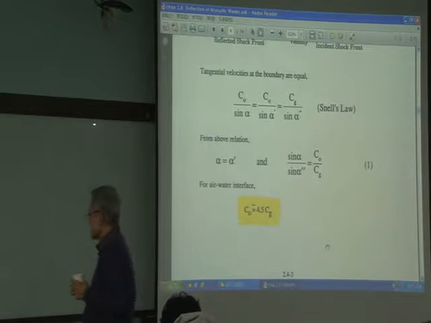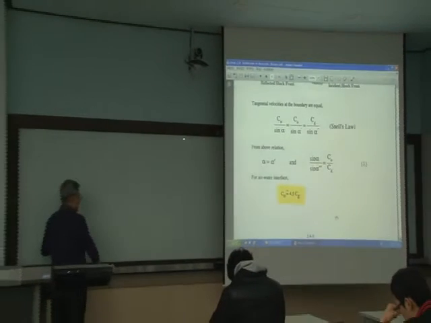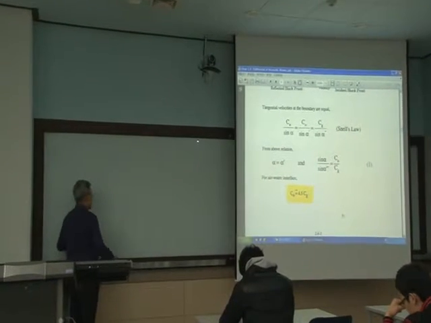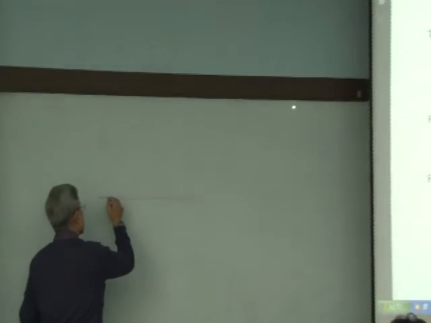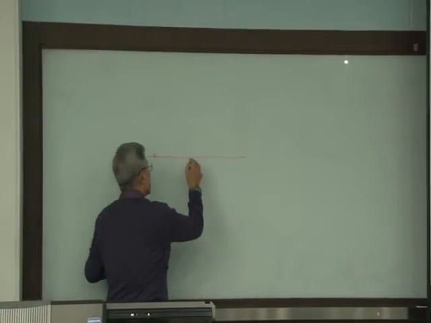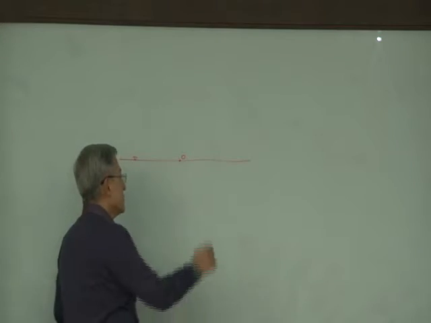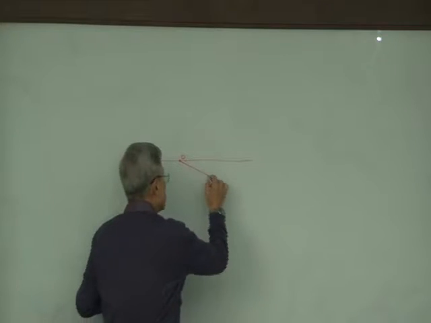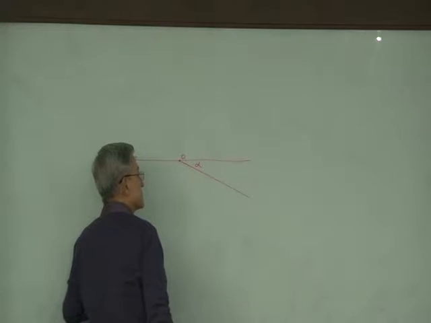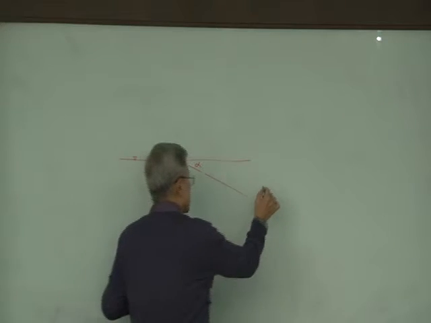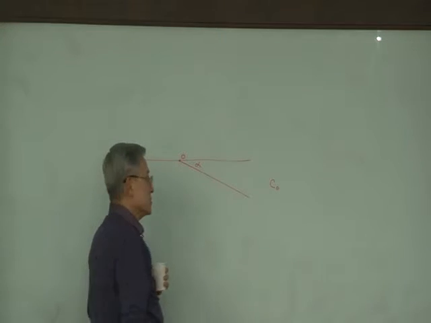And what I did last Friday was like this. And this is intersection point O. And you have the incident shock wave, which is alpha. And of course I said the acoustic velocity in the water is C naught.